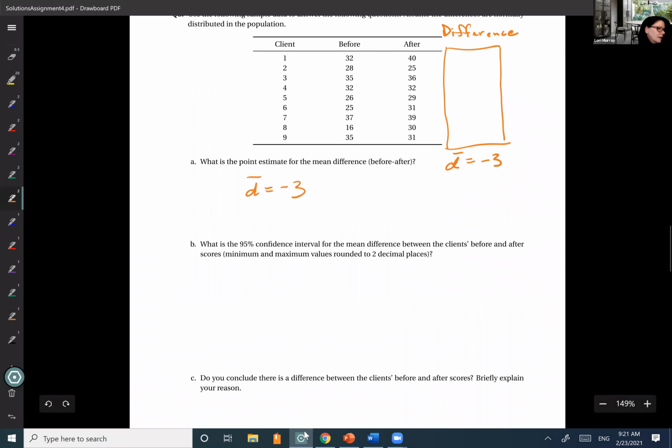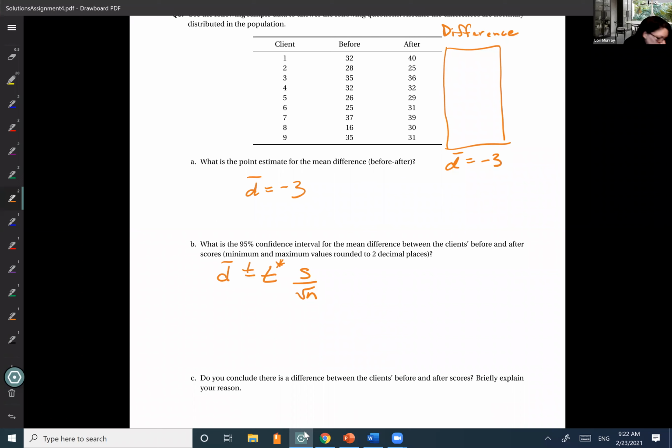And then what is the 95% confidence interval? Well, let's decompose this. It would be d bar plus or minus t star times s divided by square root n. So we need to know all those values. We already have d bar. We need s.